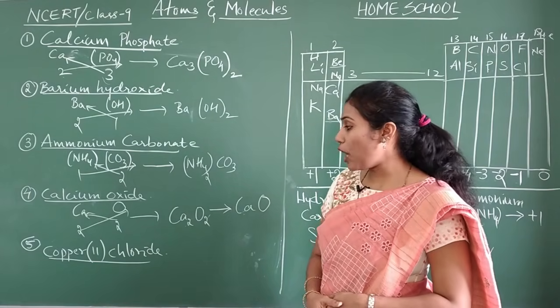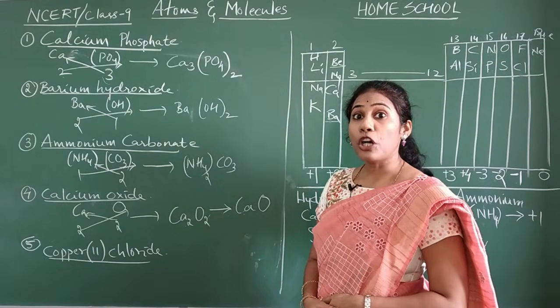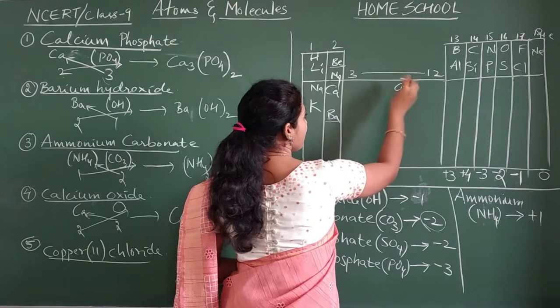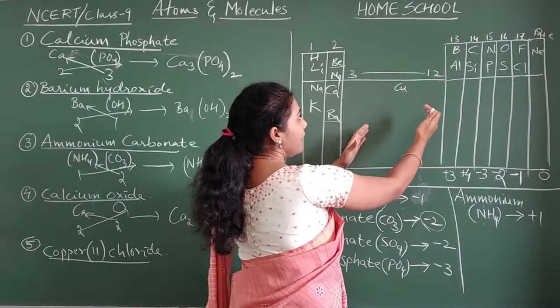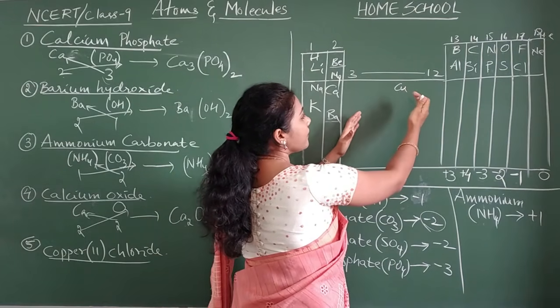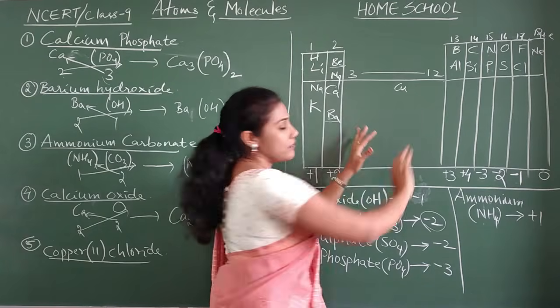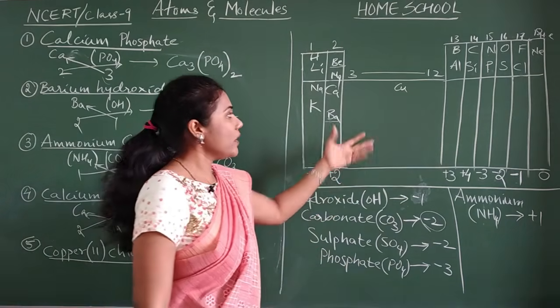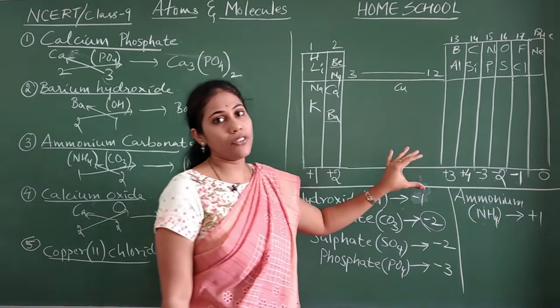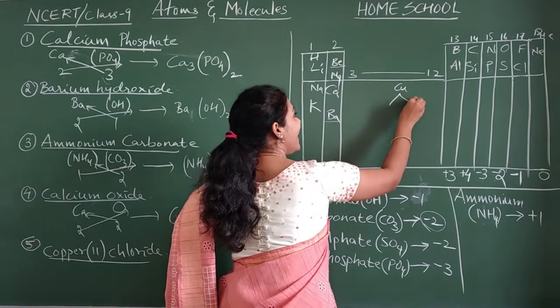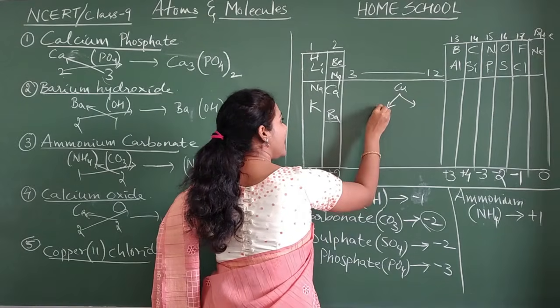Very interesting. Copper chloride. Where does copper come, you know? Copper comes here in this region. I didn't tell anything about this area, isn't it? Anyway, it is not essential, but a few elements you have to remember. Copper has 2 valencies, guys. It can have a valency of plus 1.